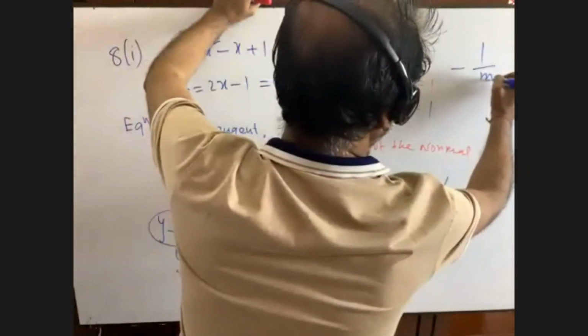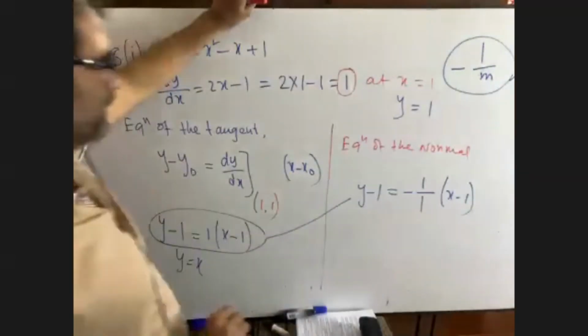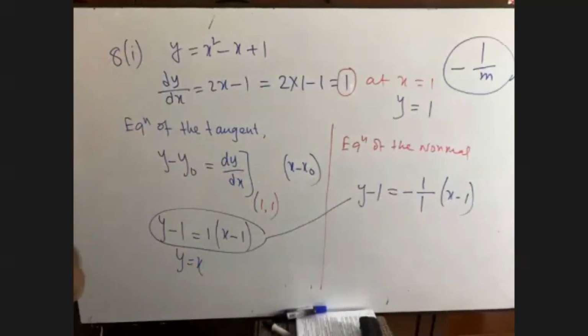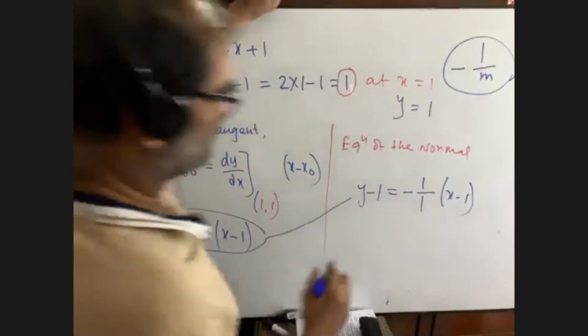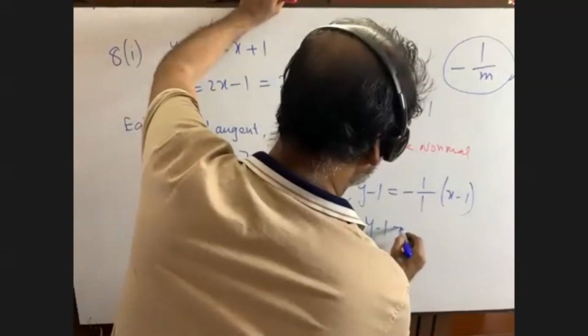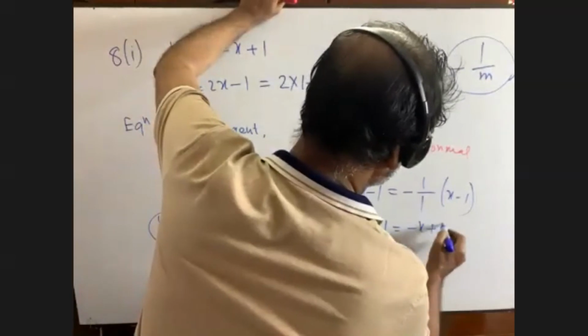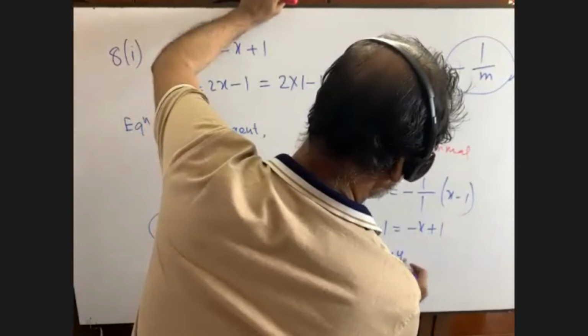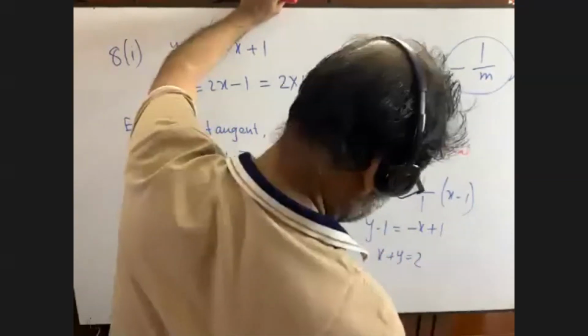Can you remember I told you? So here m equals 1, so it will be minus 1 by m. So we are getting y minus 1 equals minus x plus 1. That is x plus y equals 2. And it is our answer.